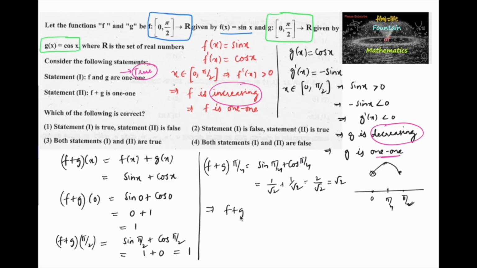Therefore f+g is not one-to-one. So statement 2, f+g is one-to-one, is false. We can go with the option: statement 1 is true and statement 2 is false.